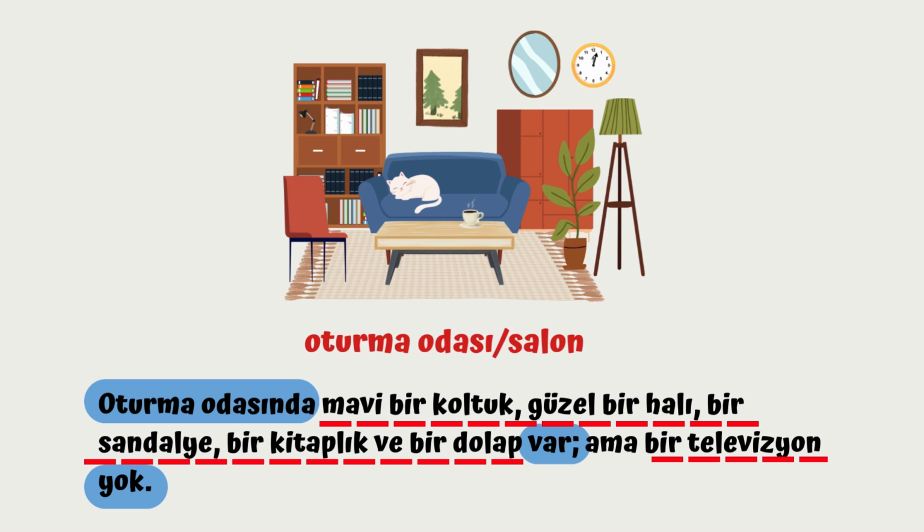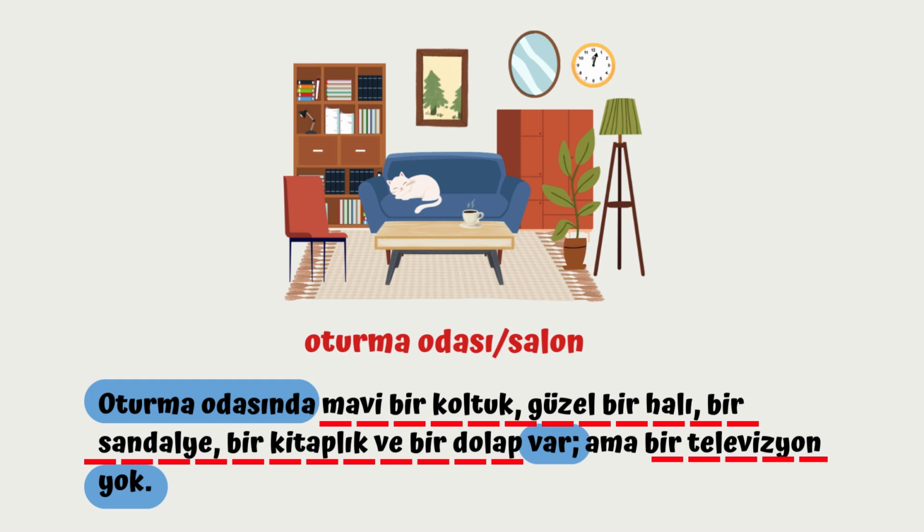So in the living room, mavi bir koltuk, a blue sofa, güzel bir halı, a beautiful rug carpet, bir sandalye, one chair, a chair, bir kitaplık, a bookshelf, yeah, ve that means and bir dolap, so a cupboard var. So there are is at the end. And then we continue. Ama that means but bir televizyon, a television yok. So there isn't a television.